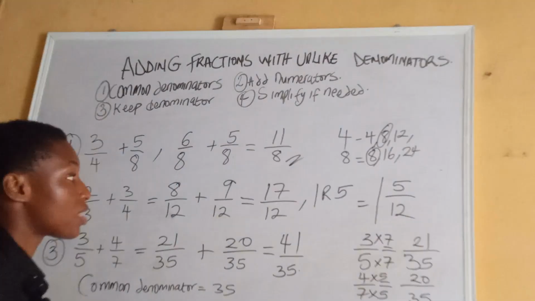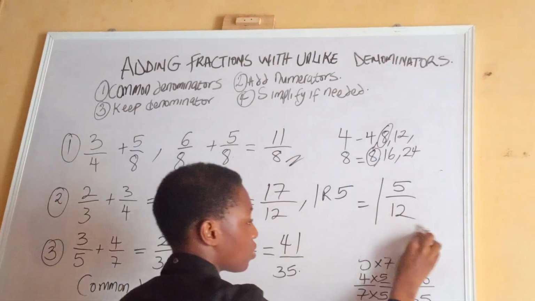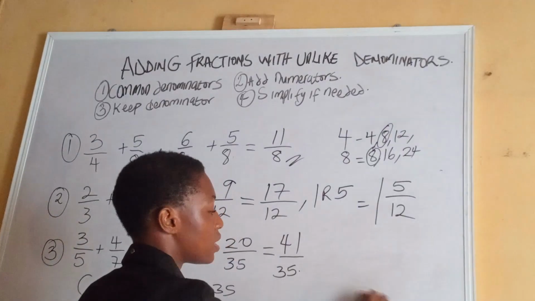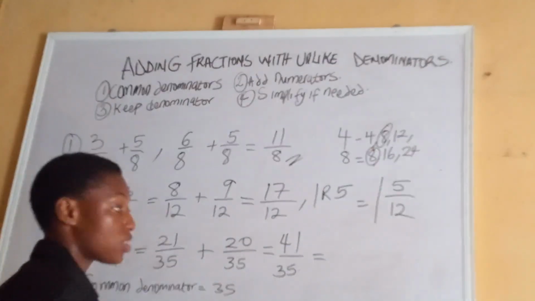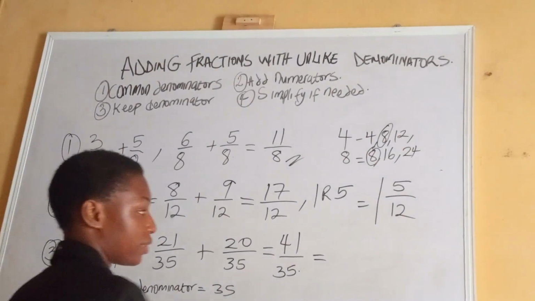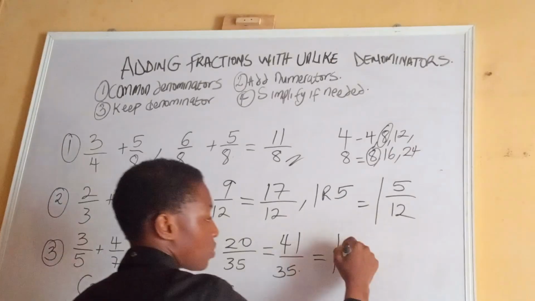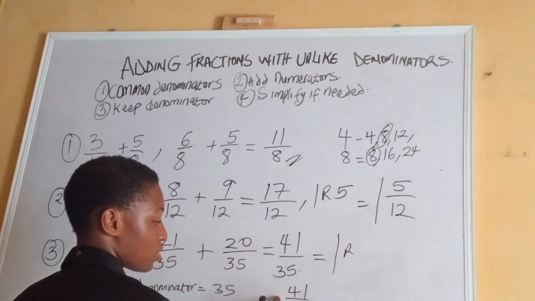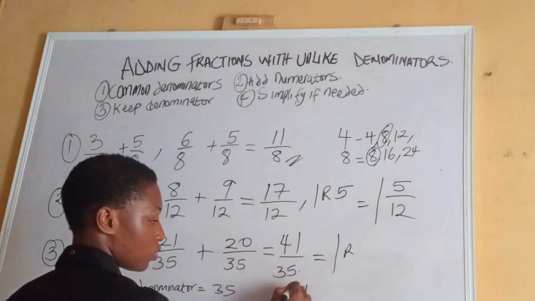Now you can also convert to mixed fraction, right? This is an improper fraction. If you want to leave it in mixed fraction, you can have something like this. 41 divided by 35. That's 1, with how many remainders? Okay, so you can do 41 minus 35, which would be, you borrow 1 from here.